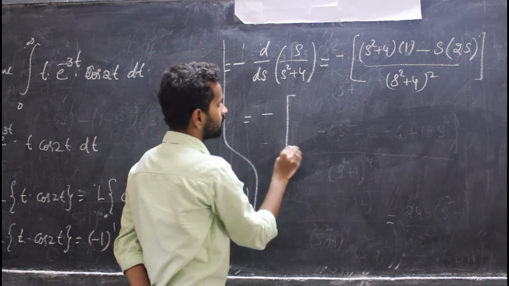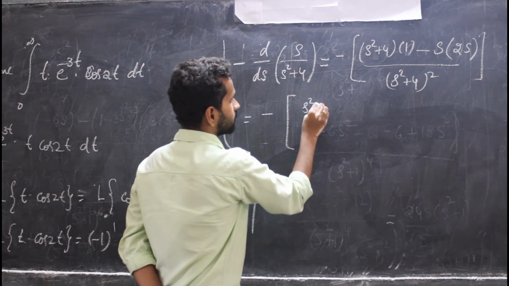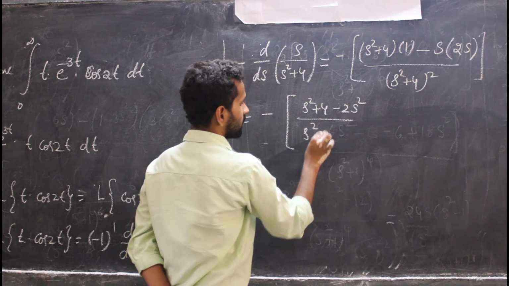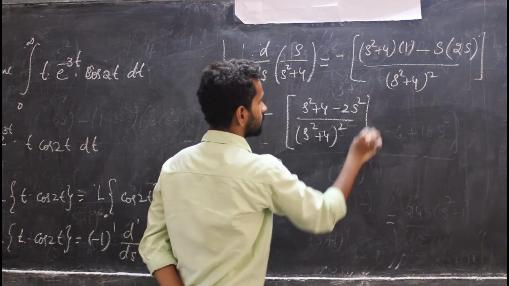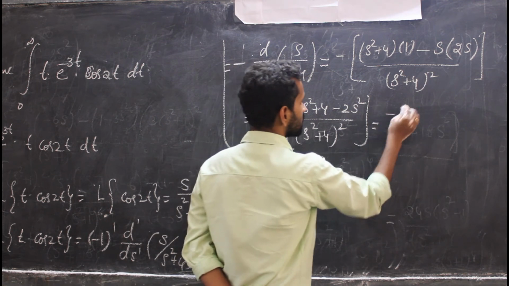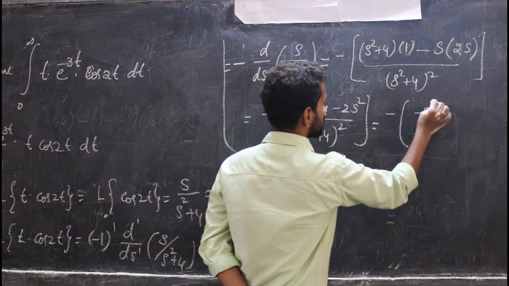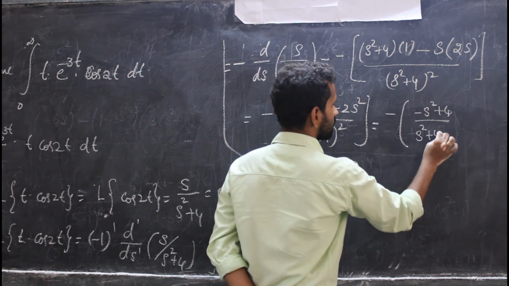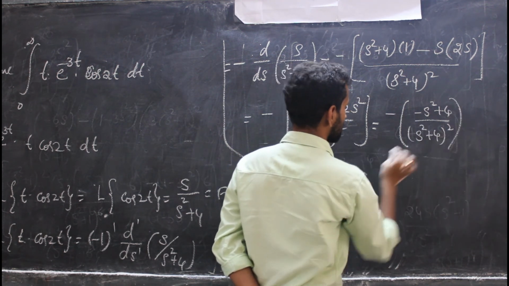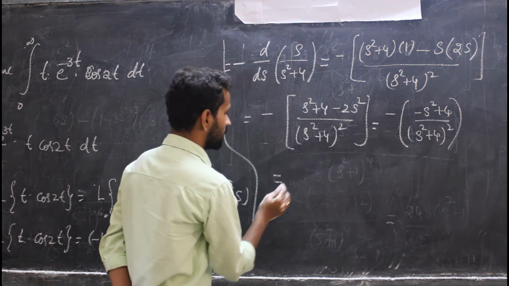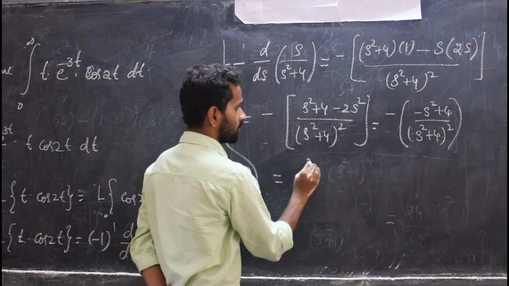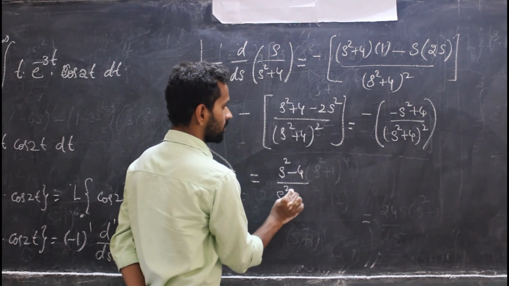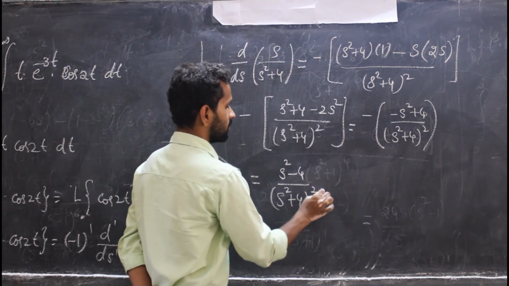Now again, s square plus 4 minus 2s square divided by (s square plus 4) whole square. So this can be written as minus of minus (s square minus 4) divided by (s square plus 4) whole square. So finally I will be getting s square minus 4 divided by (s square plus 4) whole square.